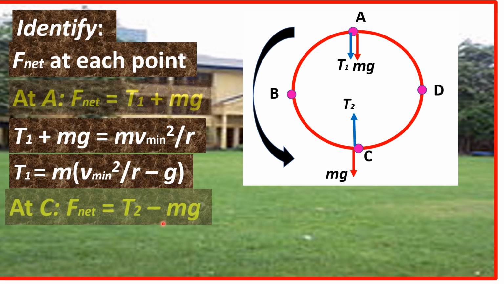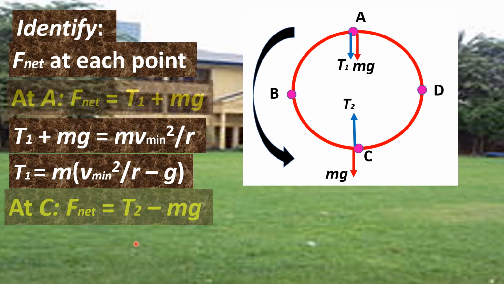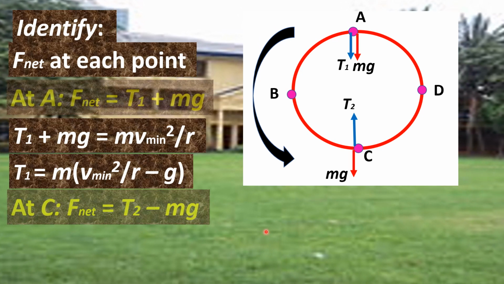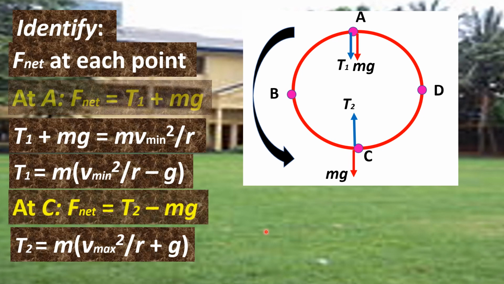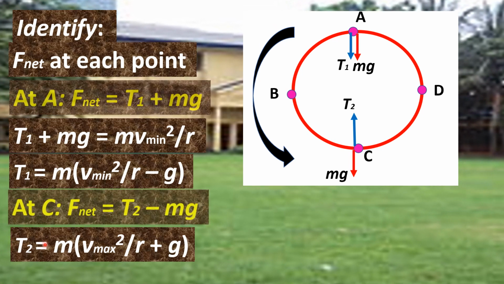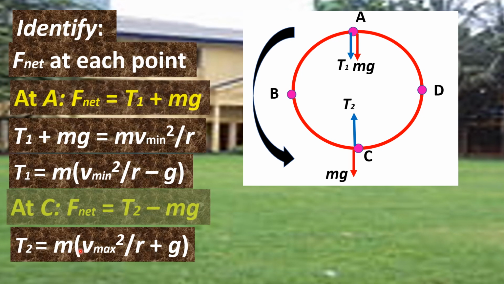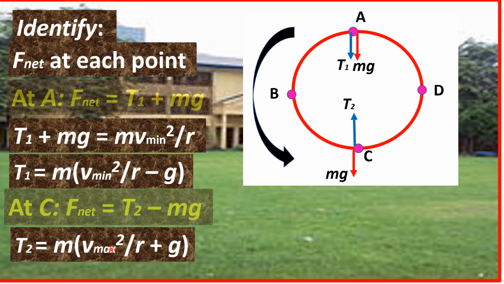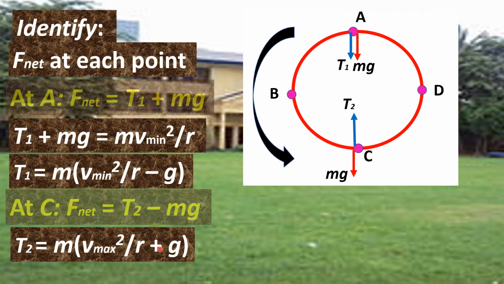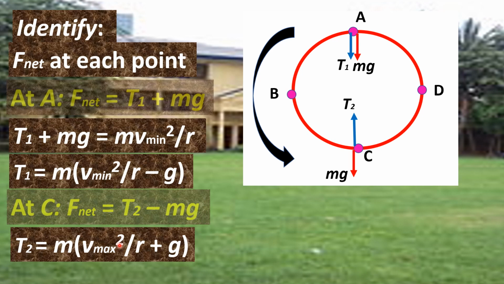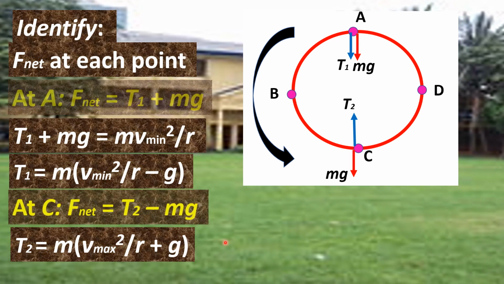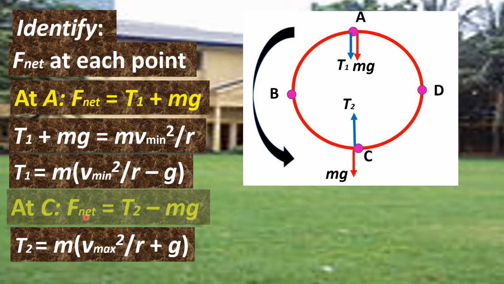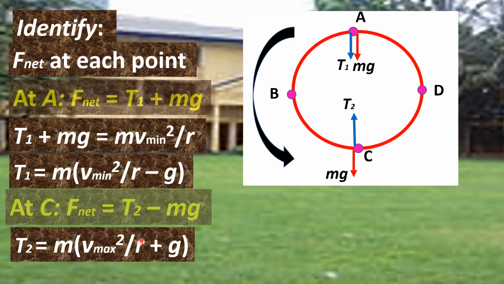All right? So again, if you're going to equate this net force to the centripetal force formula and isolate T sub 2, this is what you will get. The mass of the ball multiplied by quantity V max squared divided by the radius r plus g, all right, which actually the T sub 2 here is equal to the sum of mv squared over r plus mg.